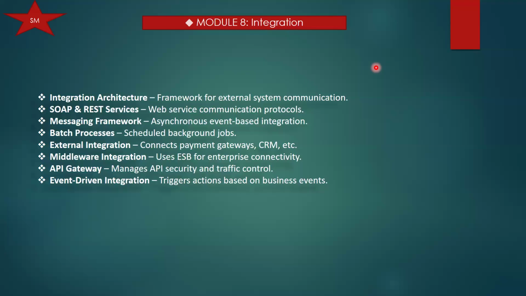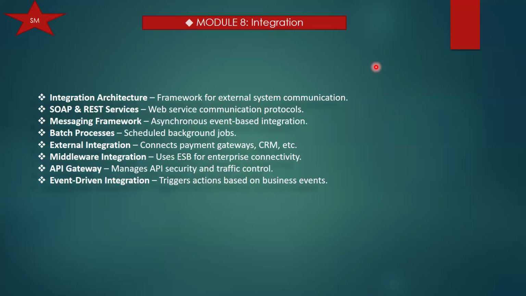To implement that functionality, we use the external integration feature. And middleware integration basically uses ESB for enterprise connectivity. The next feature is API gateway. API gateway manages API security and traffic control.